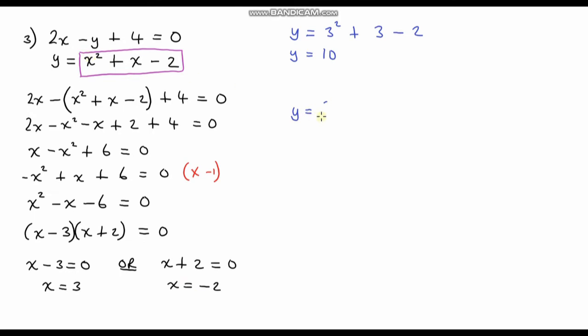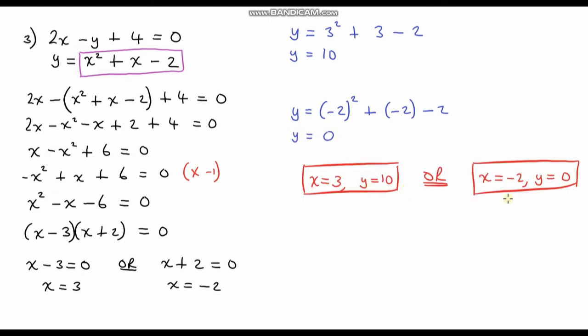So we've got negative 2 squared, and then plus negative 2, and then subtract 2. Okay, so negative 2 squared is positive 4, and then taking away 2 leaves 2, and if we take away another 2, we're left with 0. So our value for y for this one is 0.